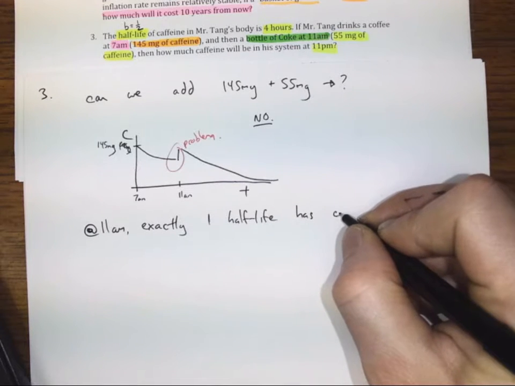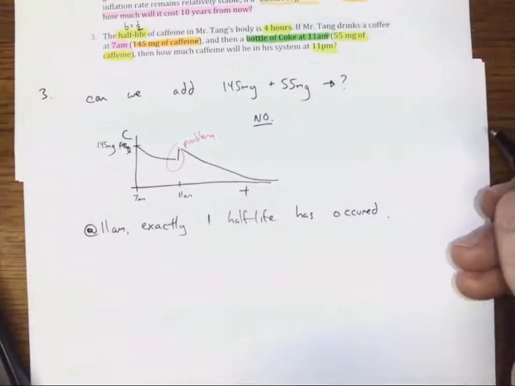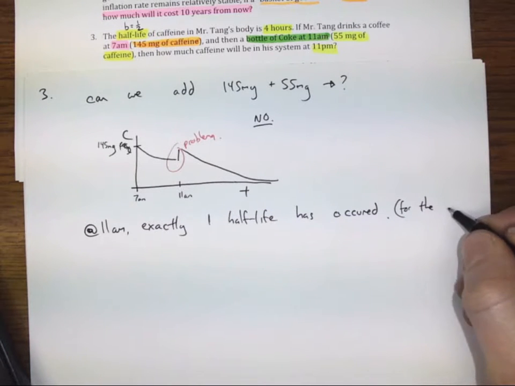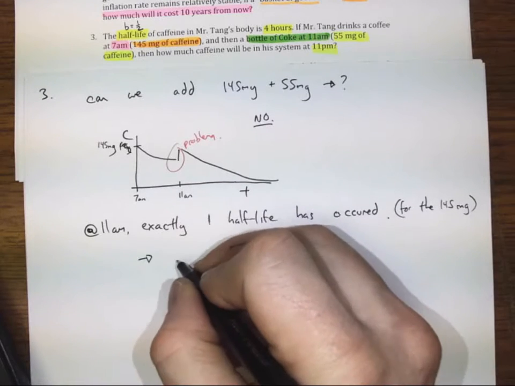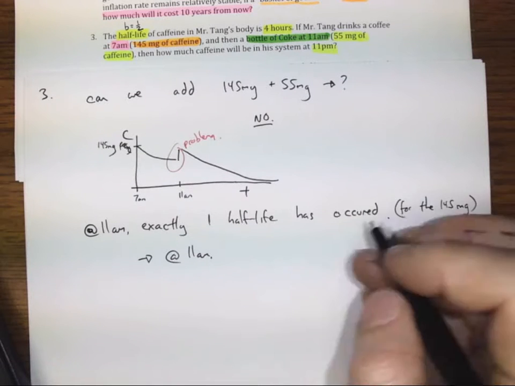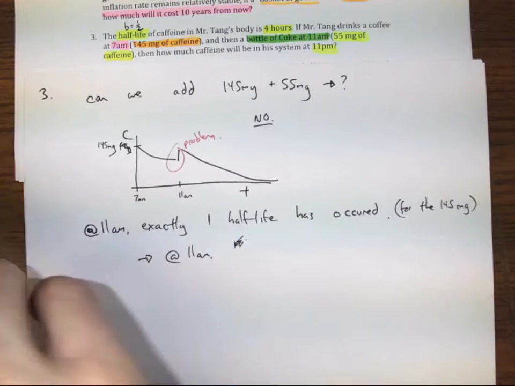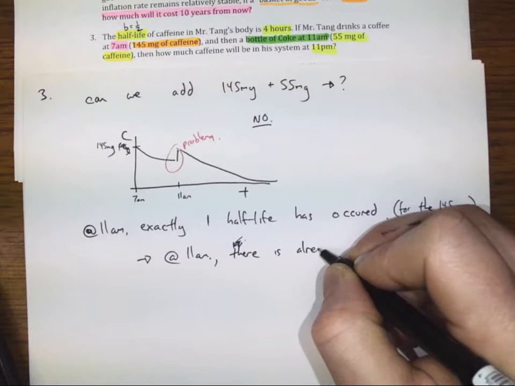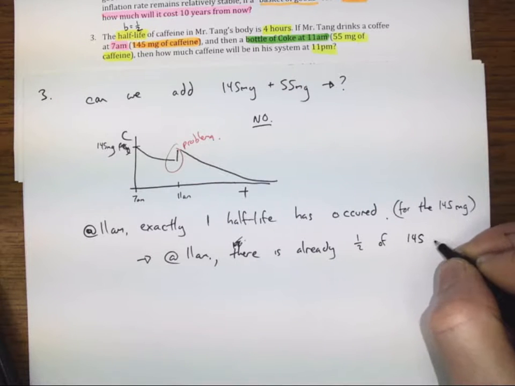And that's for the coffee, 145 milligrams. So that means at 11 a.m., Mr. Tang has half of 145 milligrams. Half of 145 is 72.5 milligrams.